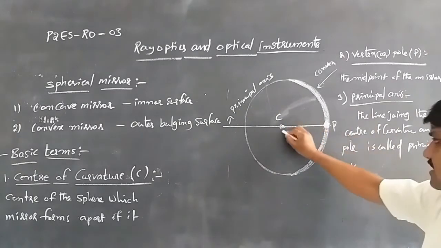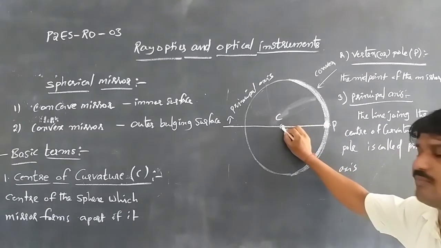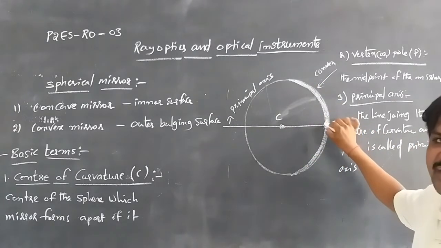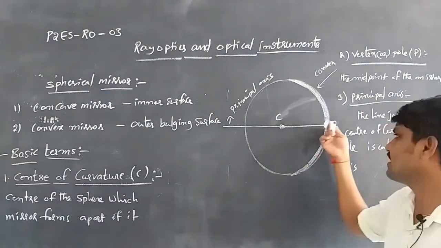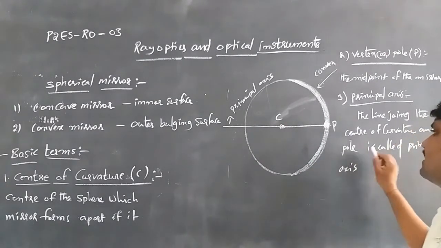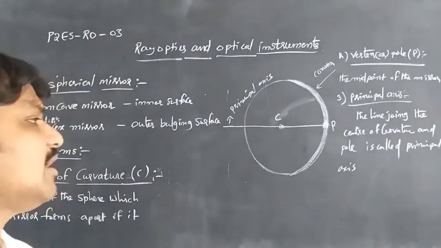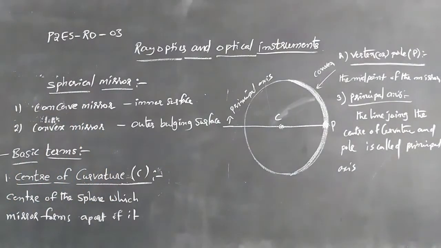This is the center of curvature, the center of the sphere of which the mirror is a part, and P means pole or vertex, the midpoint of the mirror. The line joining the center of curvature and pole is called the principal axis.